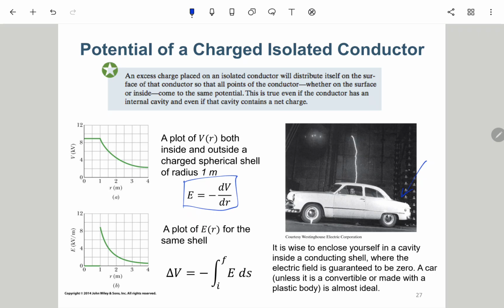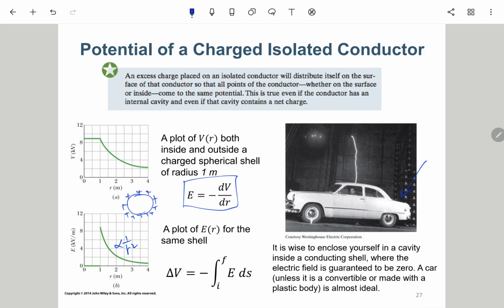For a simplified case, we have a sphere, and all the charge is distributed on the surface, so the E field is 0 inside. But outside the sphere, the E field is proportional to 1 over R square. Hopefully you remember, because we have a quiz next week.